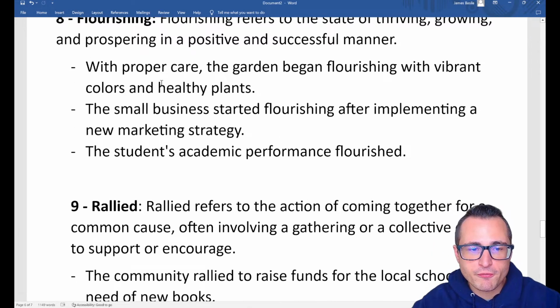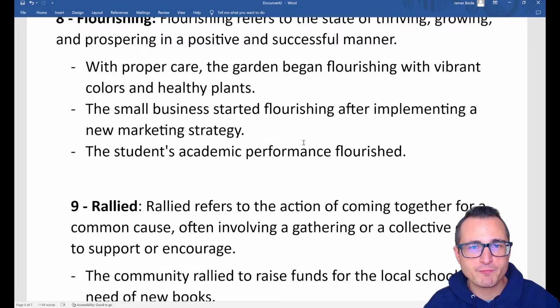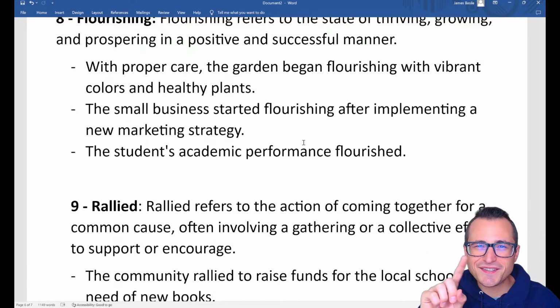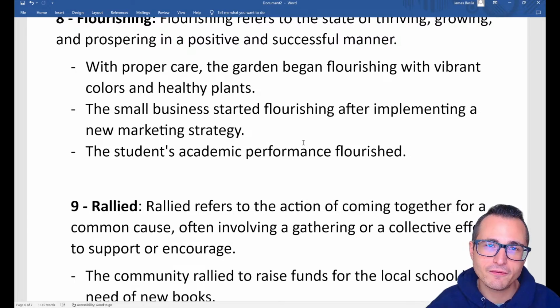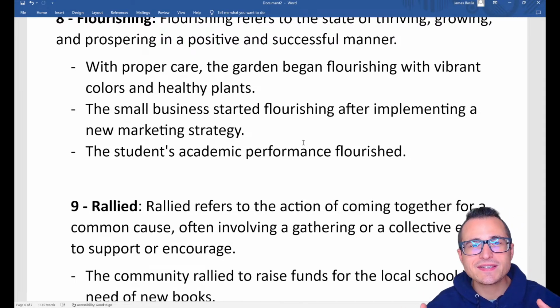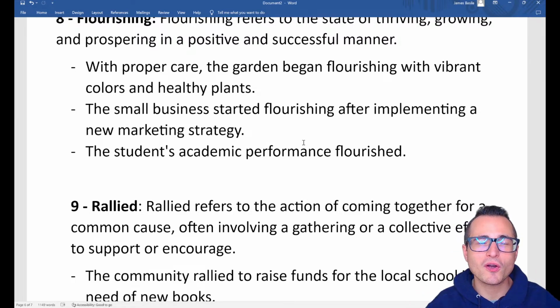So, with proper care, the garden began flourishing with vibrant colors and healthy plants. A flourishing garden does not have dead flowers. A flourishing garden has flowers and plants that are very healthy and strong and beautiful.